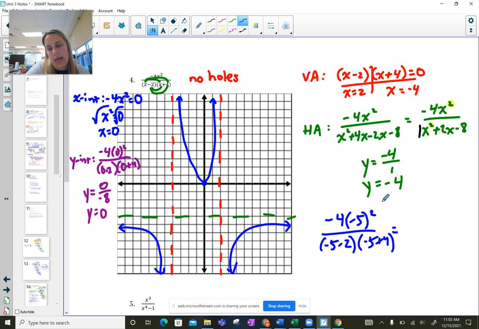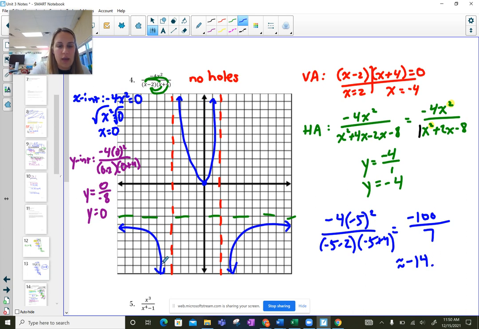Positive 25 times -4 is -100. And the bottom, -7 times -1 is +7. So this is negative 14 point something.